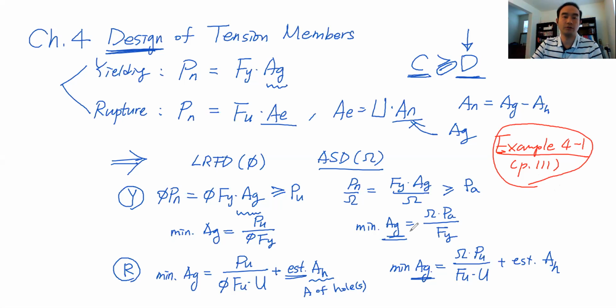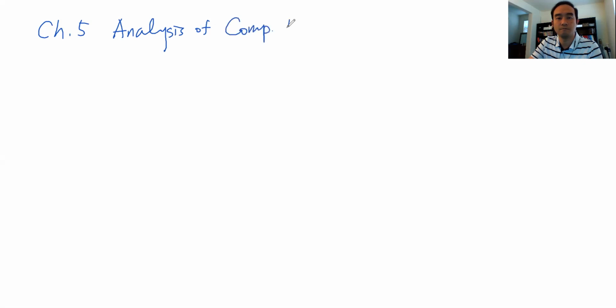Now I'm going to go on to chapters 5 and 6. Okay, chapter 5 and chapter 6 are actually related. Chapter 5 is the analysis of compression members, which is the column, right?